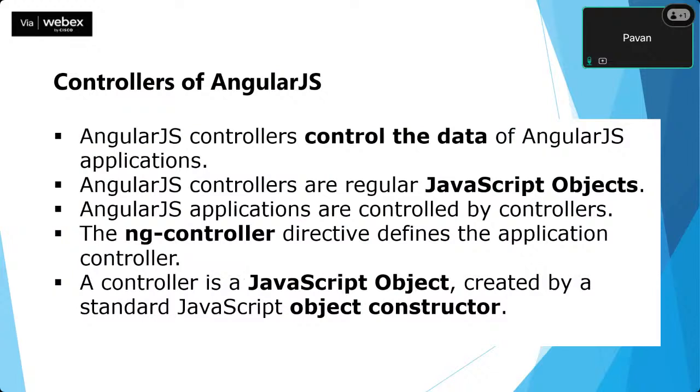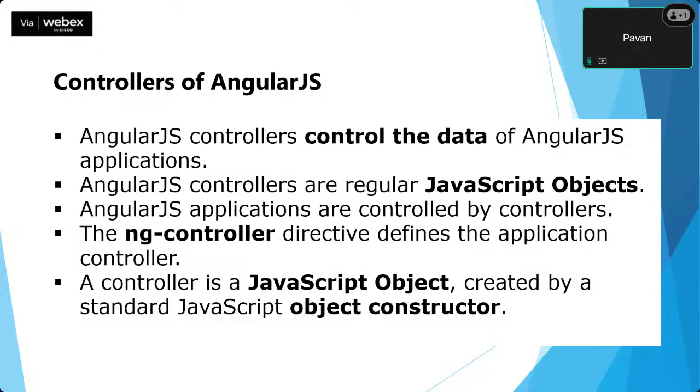So to define a specific controller of that application or module, we have to first write ng-controller equals, then inside double quotes, we have to write the name of the controller. So that's how a controller is defined.